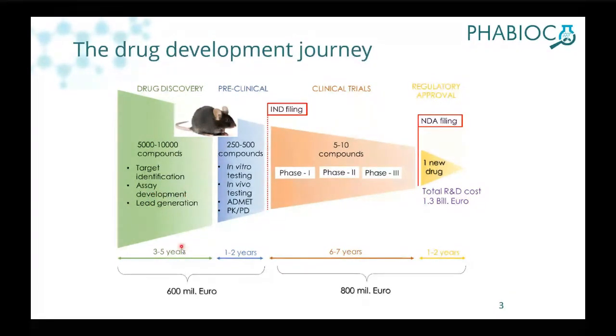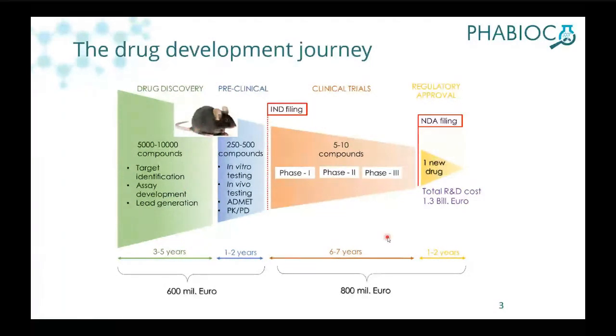After this stage, which can last from 3 to 5 years, we have the preclinical stage where they identify the promising compounds, let's say a panel of 250 to 500 compounds, which are formulated into prototype formulations and also tested in in vitro testing, in vivo testing, ADME, PK, PD studies. Of course, these are the parts where animal testing is still heavily used, especially at industrial level.